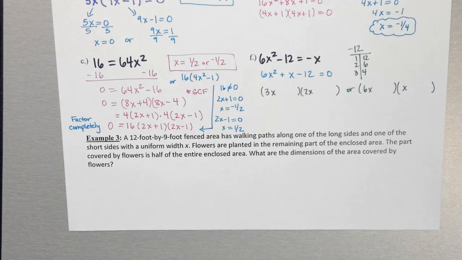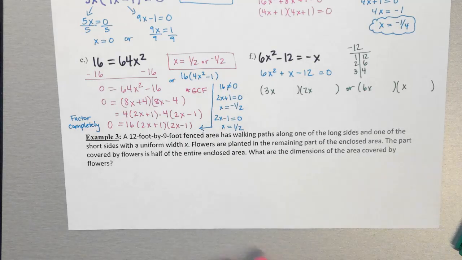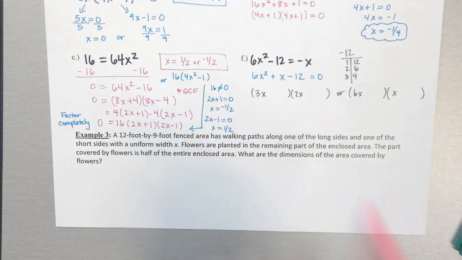And then once you figure that out, I want you to read through the story problem. So when you're guessing and checking, the checking part is going to be really important because whatever you put here, whatever you put there, you have to multiply by 3, you have to multiply by 2.